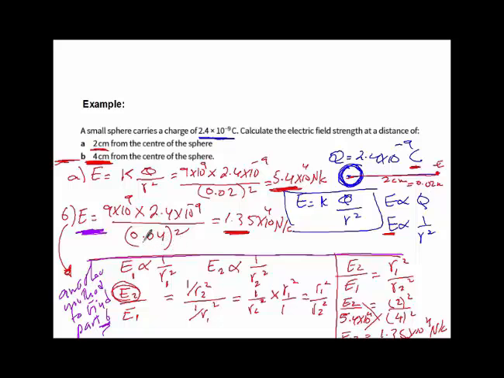But we are trying to make a relationship between E and R. Here, E is proportional to 1 over R squared, and you don't need to go through all these calculations. So if R was doubled, instead of 2 it's 4, it will be 2R whole squared. Is it clear? Again, I'm going to do that.